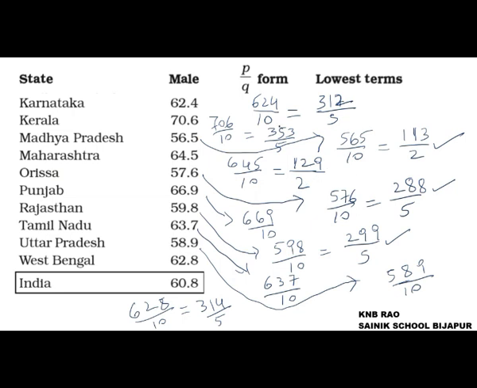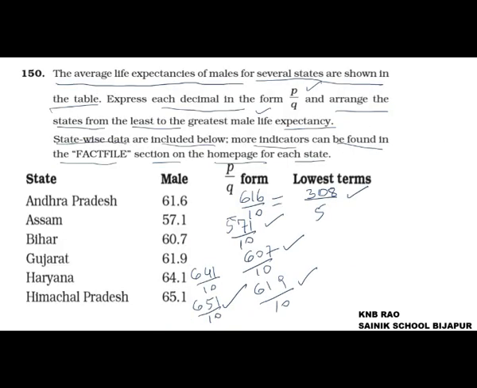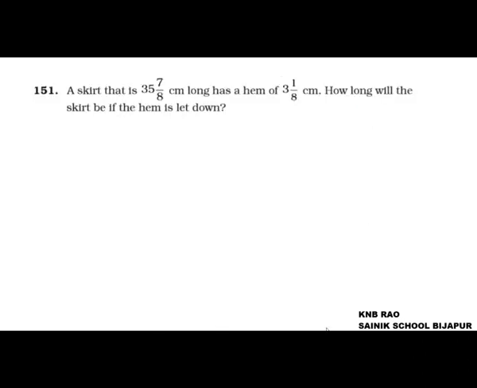Use these fractions to write the states from the least to the greatest, that is ascending order. That is your homework. Next, coming to the last but one question. A skirt that is 35 integer 7 by 8 centimeter long has a hem of 3 integer 1 by 8 centimeter.